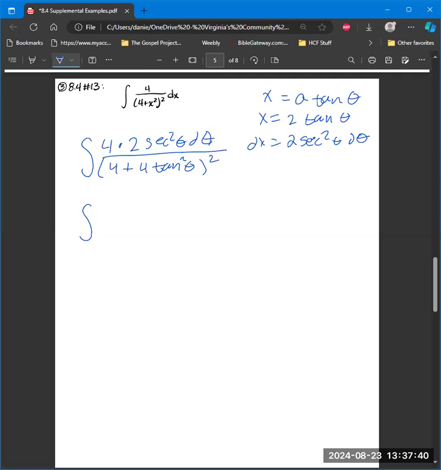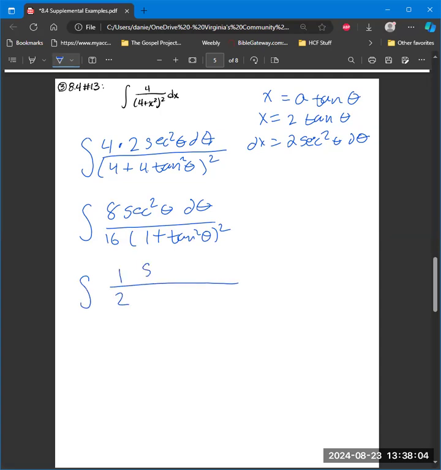So this is 8 secant squared theta d theta, and this is 4 squared is 16, 1 plus tangent squared, squared. So this is 8 over 16, that reduces to 1/2. Secant squared theta d theta. 1 plus tangent squared is secant squared.